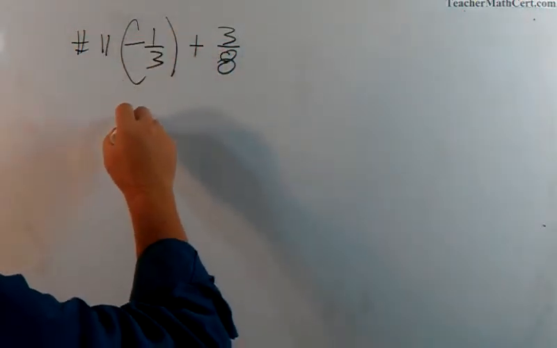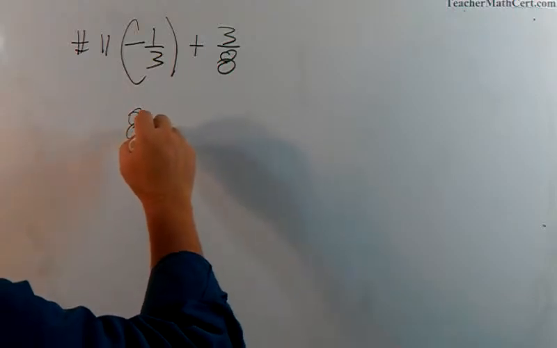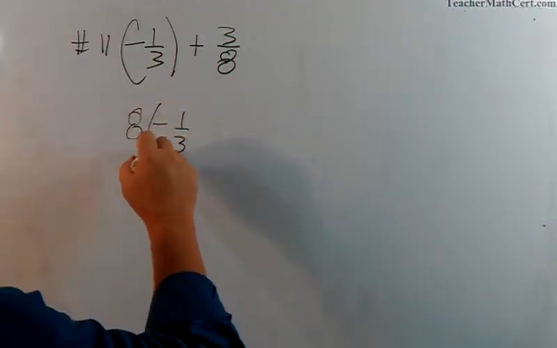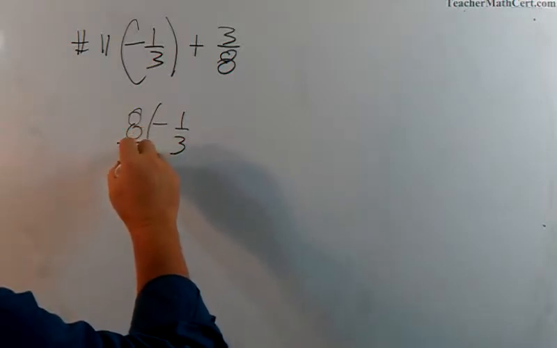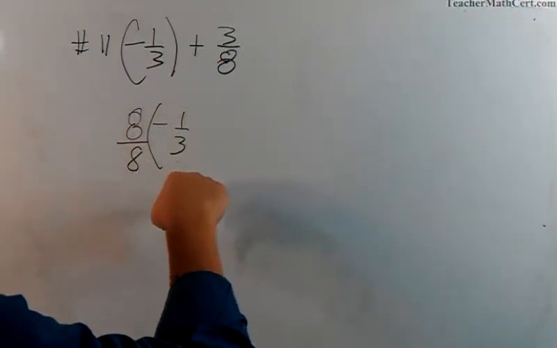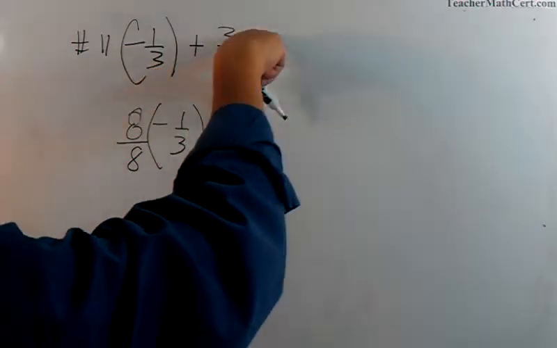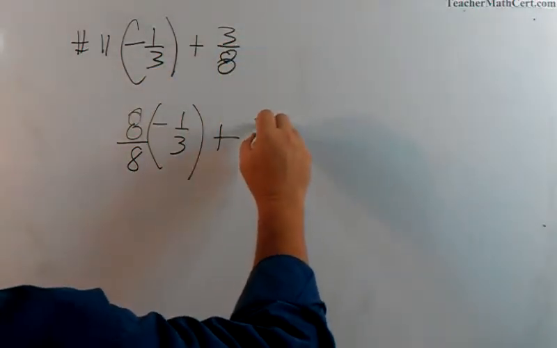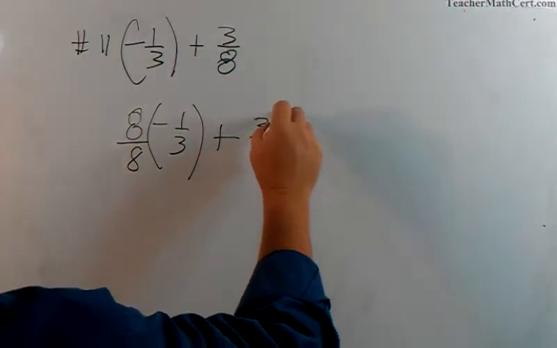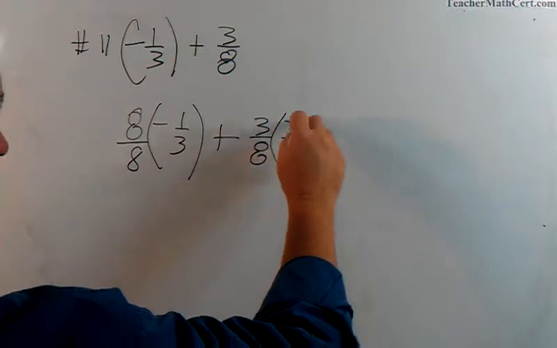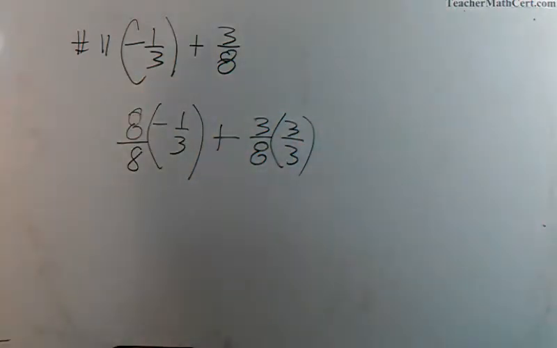So 8 times -1/3. We take this denominator 8, cross multiply, so we're going to have 3/8. Multiply the numerator and the denominator by the 3, right?